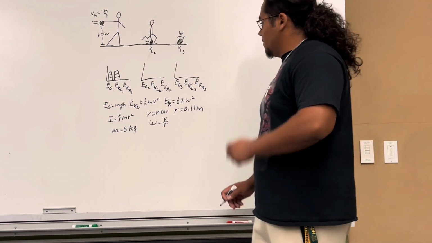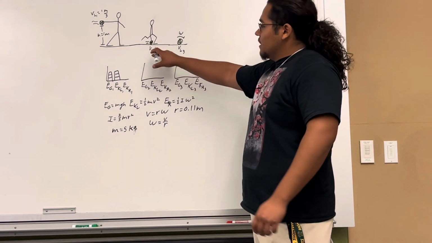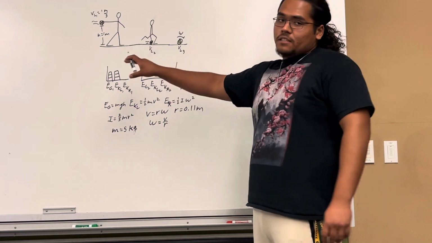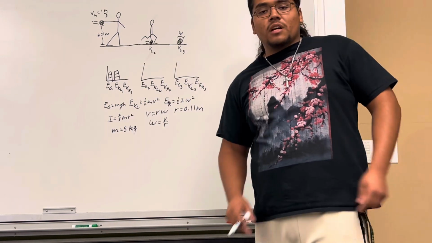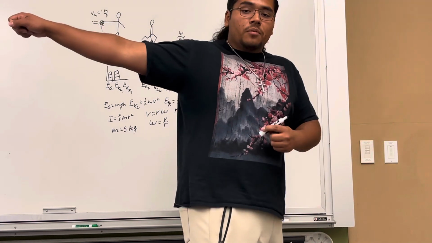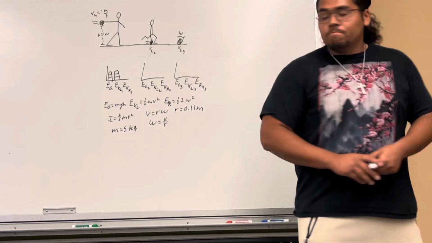And in the next image, the ball is at the ground. So in this case, there's only linear kinetic energy, no gravitational energy, because the ball is not being held up top, but now it is on the ground.